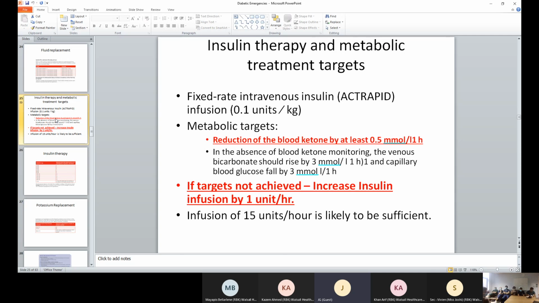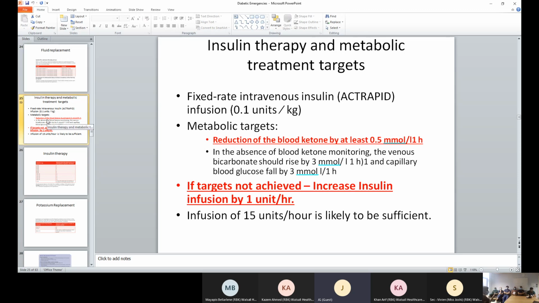Then obviously Levemir, which nowadays we are not starting, but a few people are on it. If they are on Levemir, you continue the long-acting insulin, not the intermediate-acting insulin like Novomix 30, Humalog Mix 25, Humalog Mix 50. Only the long-acting insulin you are going to continue.